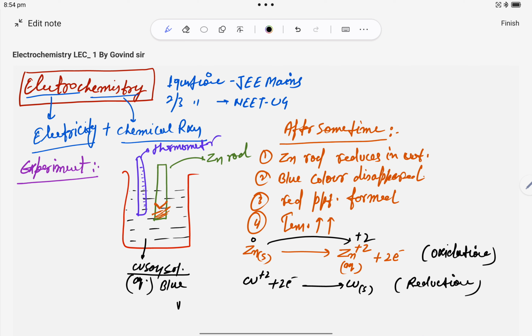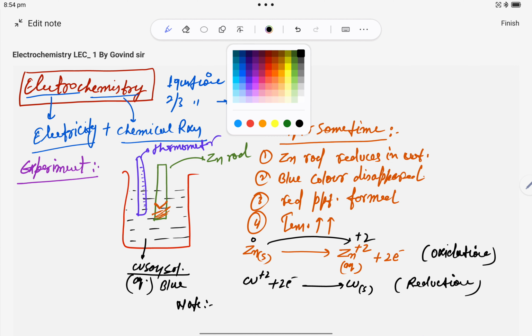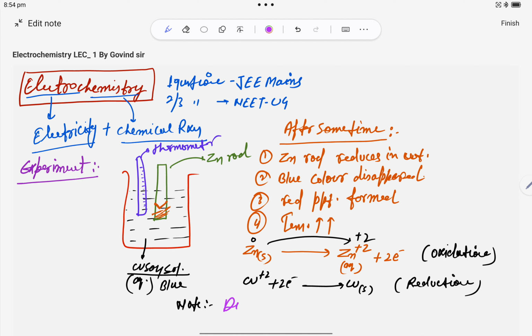You can write a note here: direct redox reaction happens in the same container. And which kind of redox reaction?